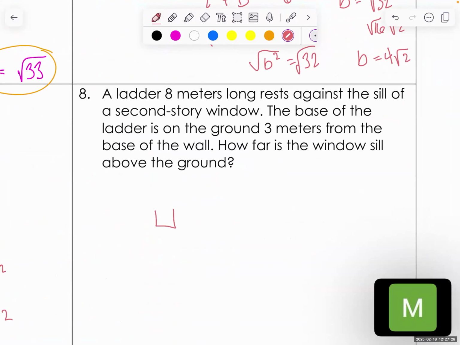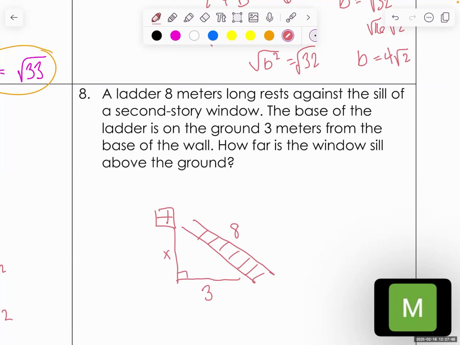So here I have a second-story window and a ladder rests against it. Now, the ladder is 8 meters long, and the base is 3 meters from the base of the wall. So how far is the window sill above the ground? Well, that's x.